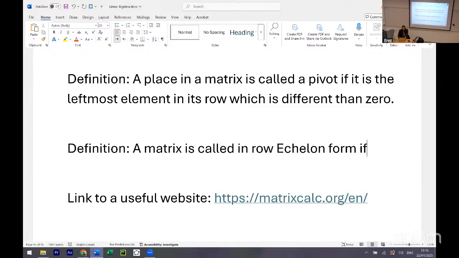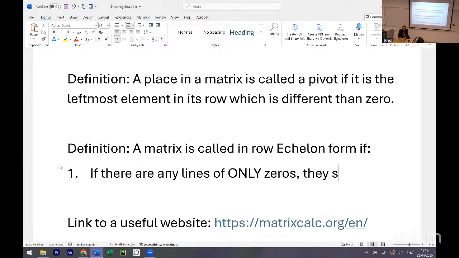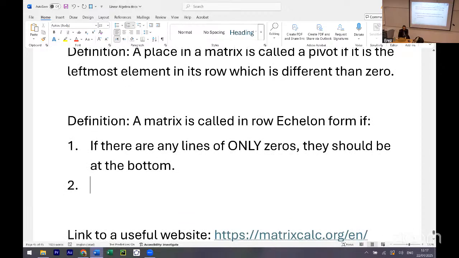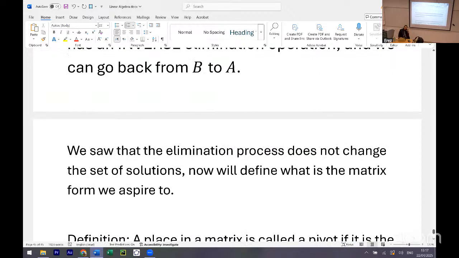Two conditions must hold. If there are any lines of only zeros, they should be at the bottom. That does not really matter, but that's part of the definition. Why doesn't it really matter? Because when we do the Gauss elimination process, we have the ability to change the location of rows, right?